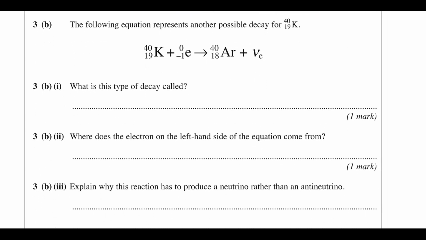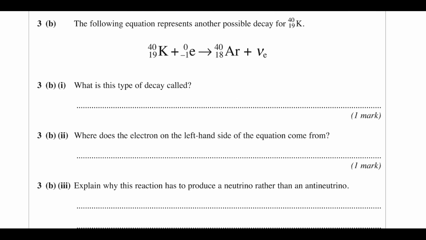The following equation represents another possible decay. So what we can see here is electron capture, because we can see we've got weak interaction causing decay. So this is electron capture.